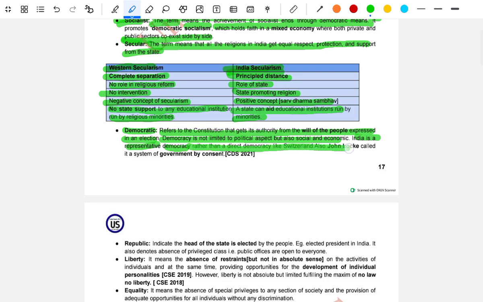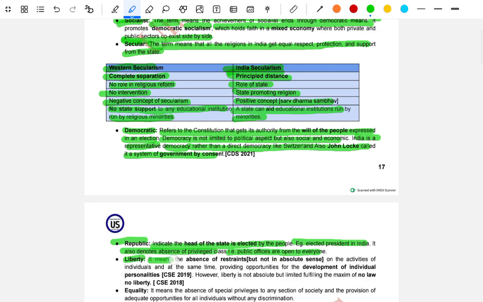Also, John Locke called it a system of government by consent. Republic indicates the head of the state is elected by the people. Example: the elected President of India. It also denotes the absence of a privileged class. Example: public offices are open to everyone.